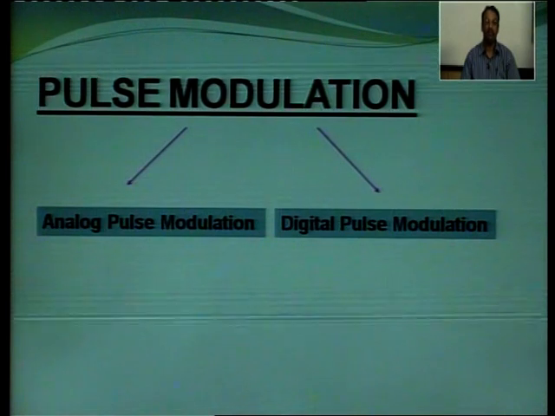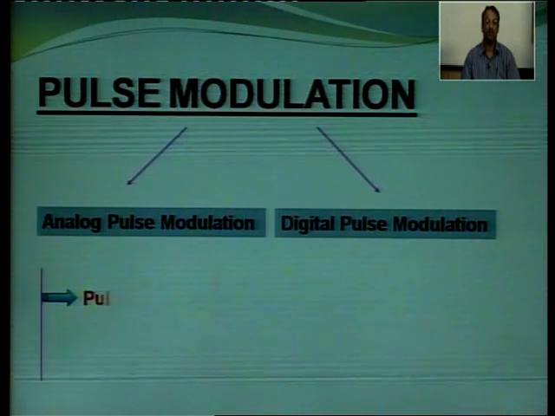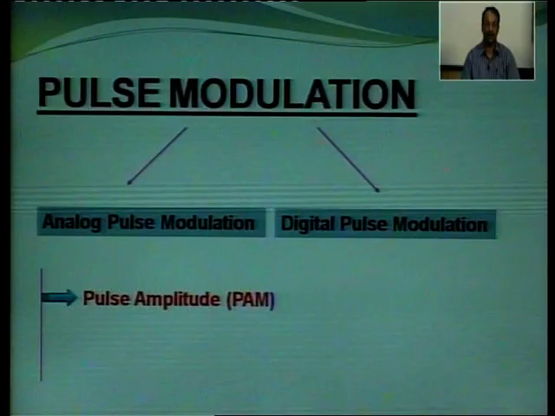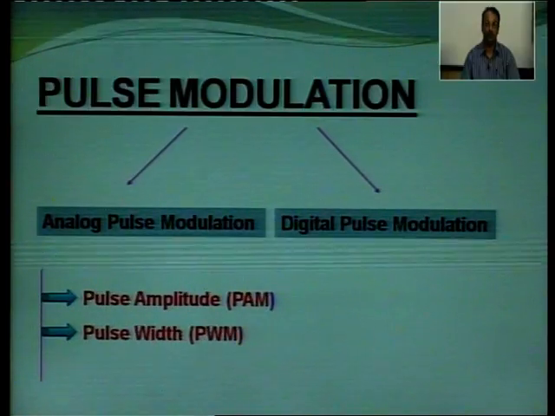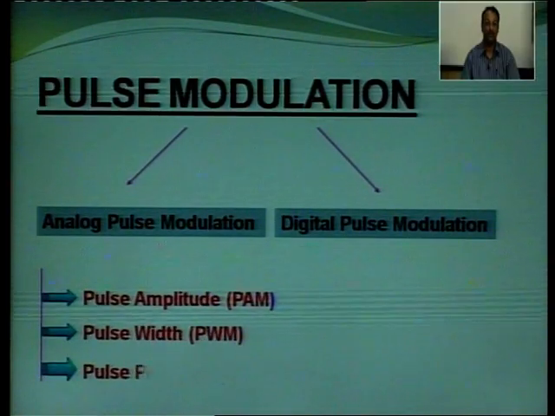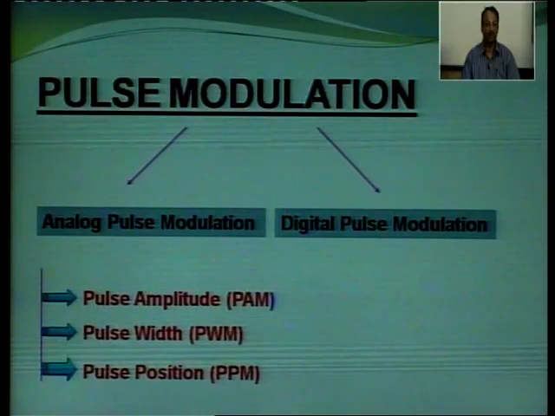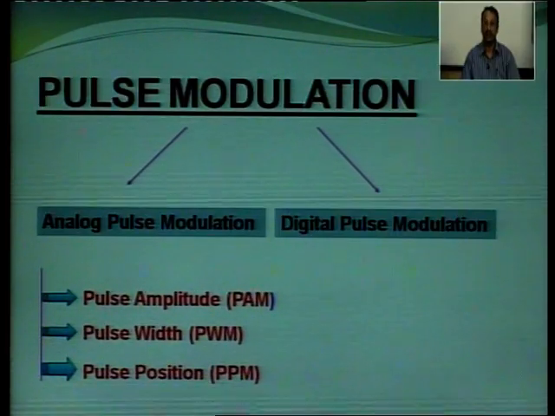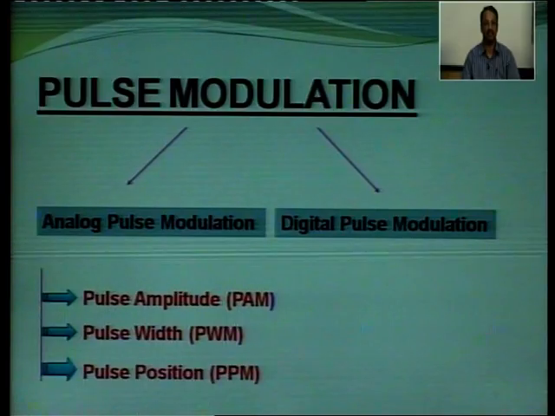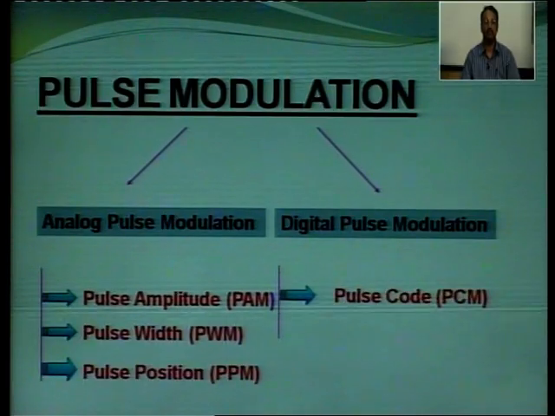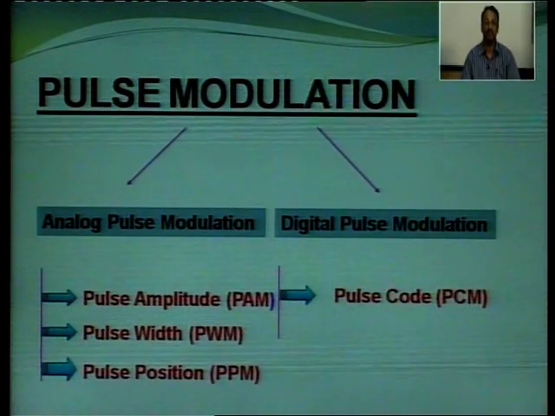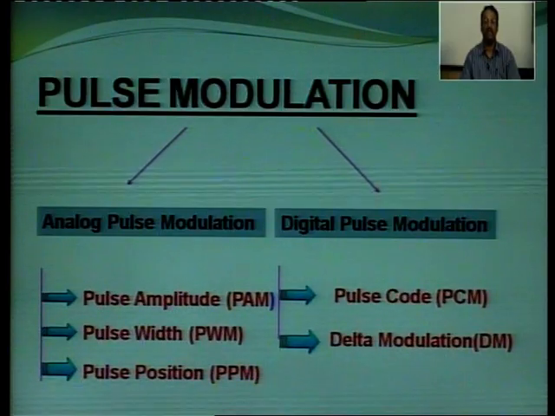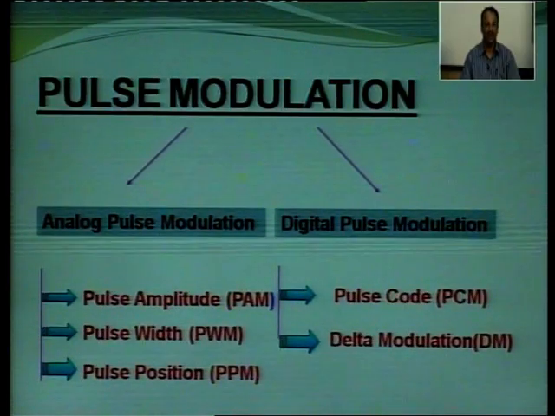In analog pulse modulation, there are pulse amplitude modulation PAM, pulse width modulation, that is PWM and pulse position modulation, that is PPM. Whereas in digital pulse modulation, there is PCM, that is pulse code modulation and DM, that is delta modulation.